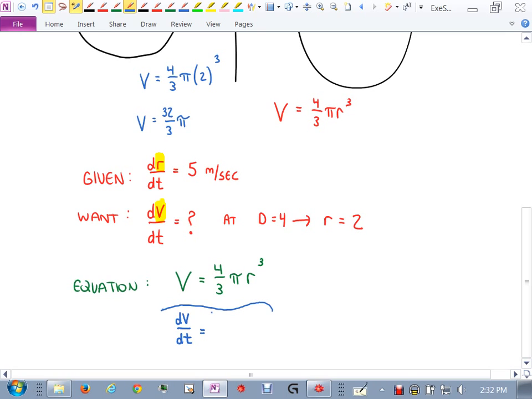So it just comes along, 4/3 pi comes along. I got you. And then I take the derivative of r cubed. 3r squared times dr/dt.